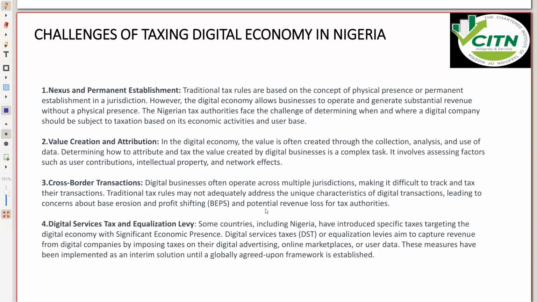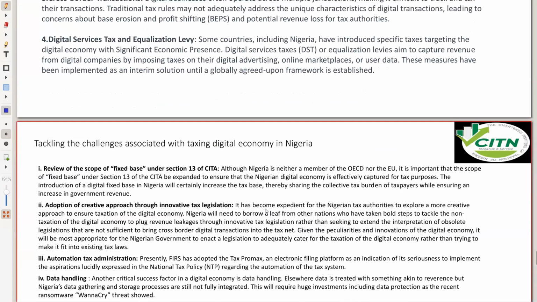They don't have an office in Nigeria you can go and shut down. So that poses a big challenge. And so because of this, some countries are trying to look at some of these digital services and how they can tax them through the concept of significant economic presence, which we'll discuss further.